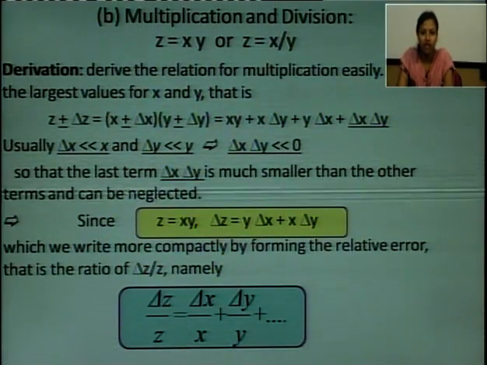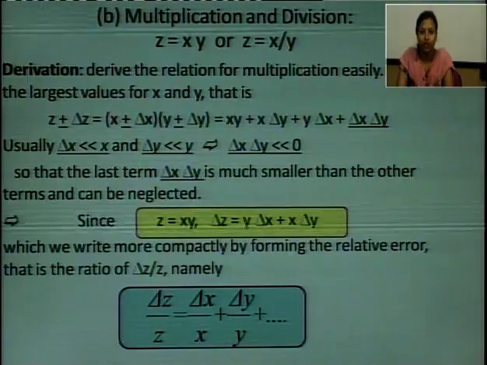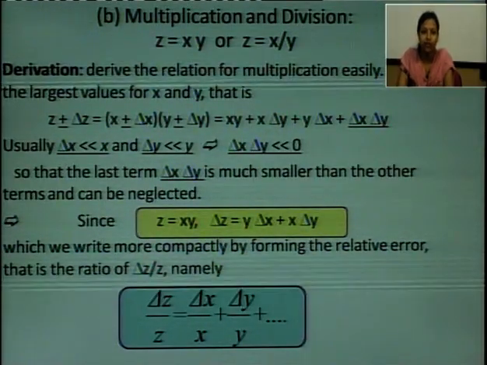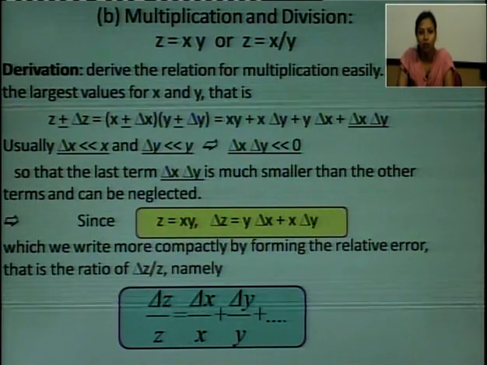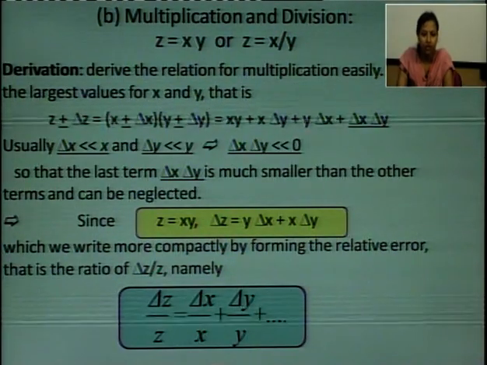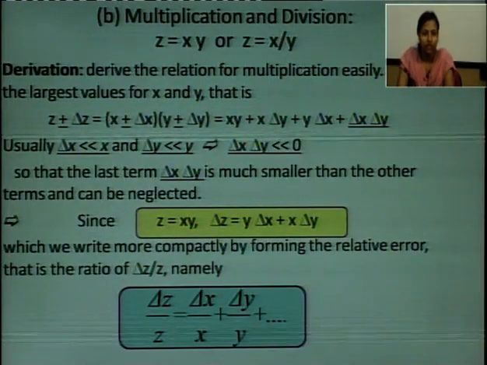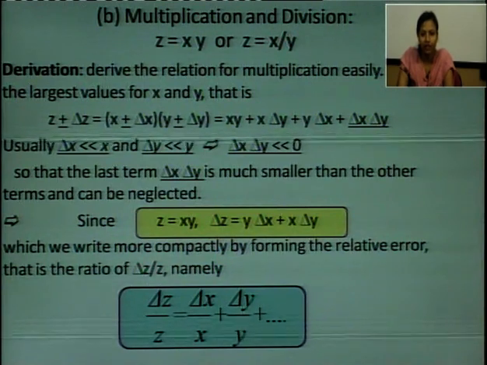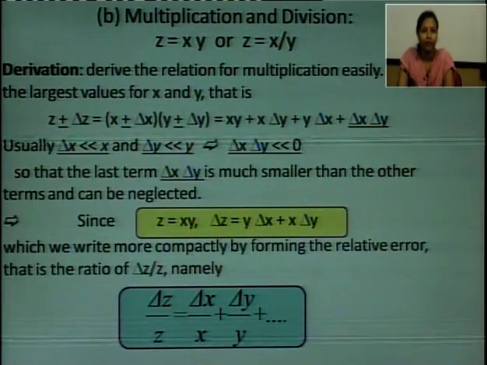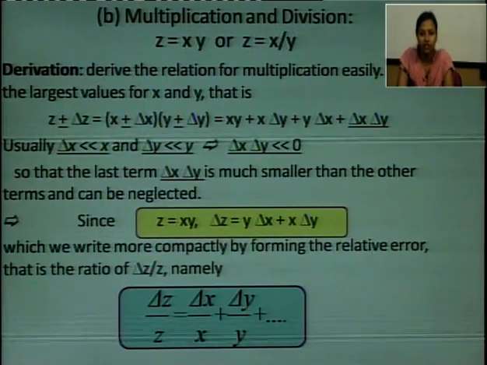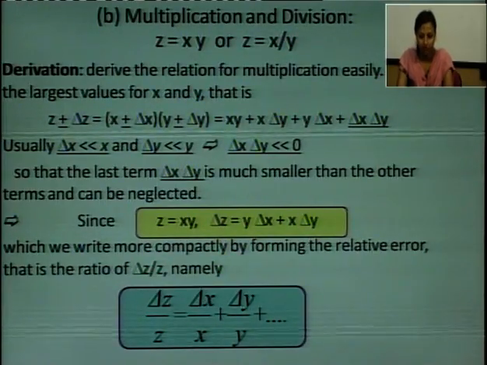So depending upon how many physical quantities there are, we can easily sum up all the relative or percentage uncertainties. Whether there is multiplication or division of two physical quantities, there is always some error involved in the measurement.